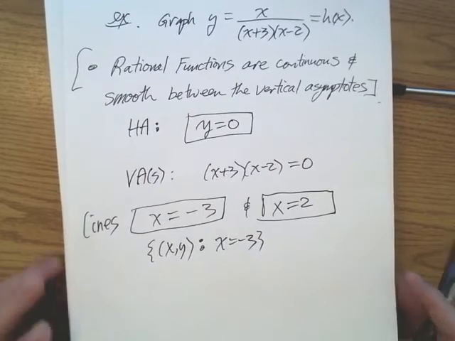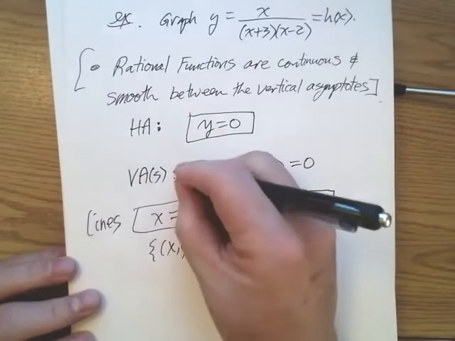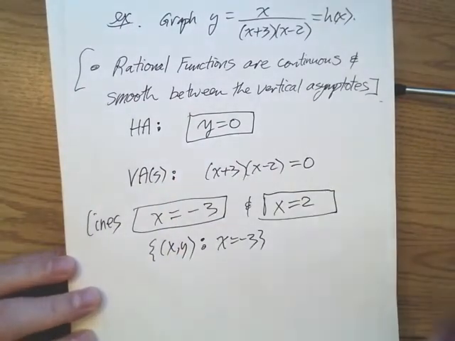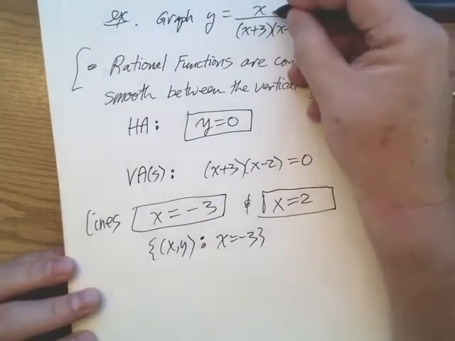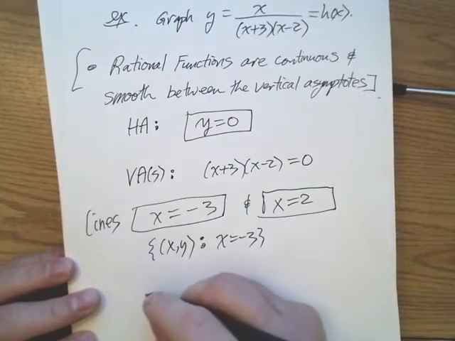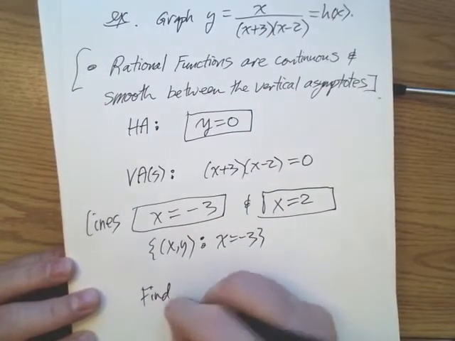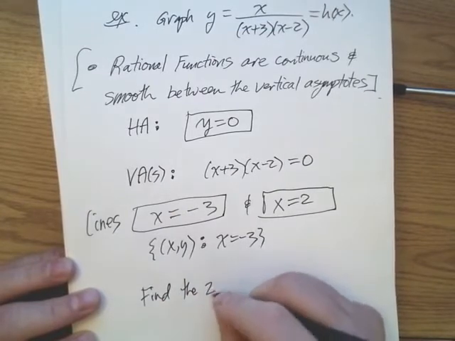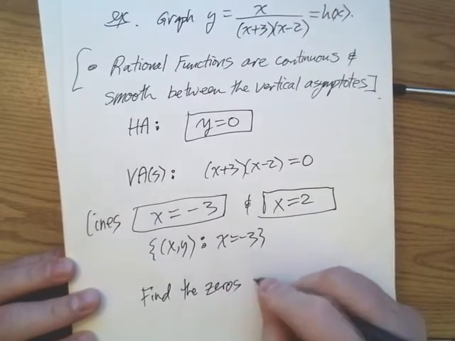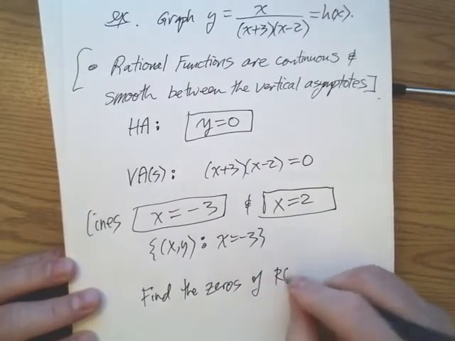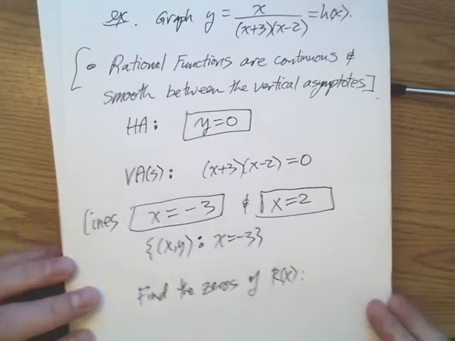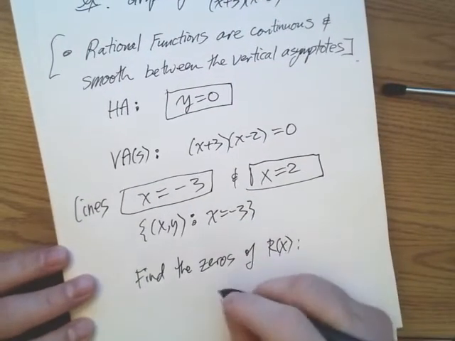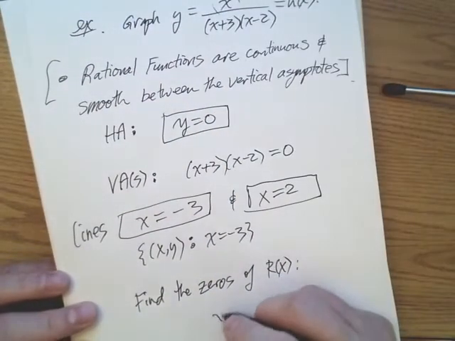Now let's go ahead and take r of x, the numerator. Remember I was calling it r of x. Find the zeros of r of x, if there are any. So that's the numerator. Okay, it's really the remainder. What is r of x here? r of x is this guy up there, so that's x equals 0.